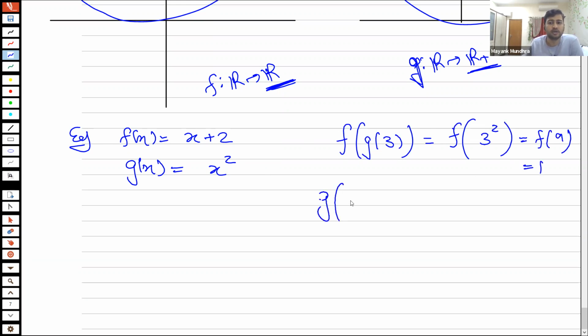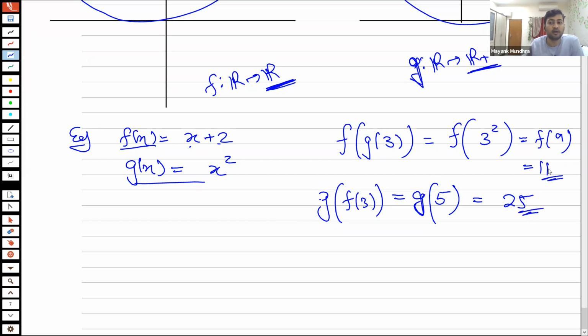On the other hand, g of f of 3 is g of what is f of 3? For f of 3, you just put 3 here. So it's going to be 5, right? And what is g of 5? g of 5 is 25. So f of g of 3 is 11, whereas g of f of 3 is 25.